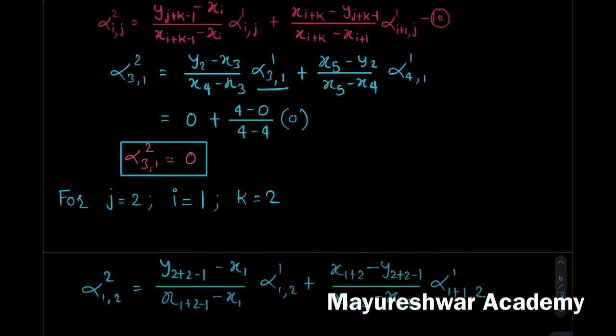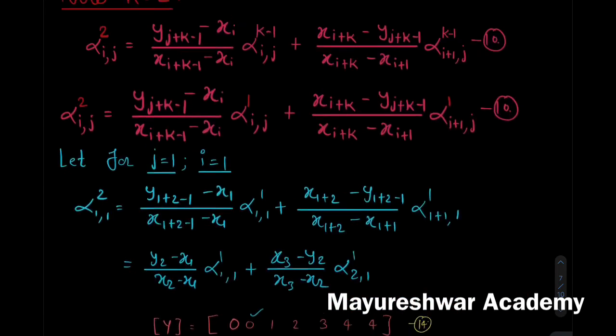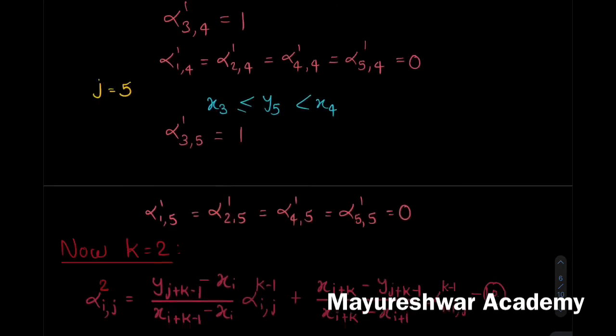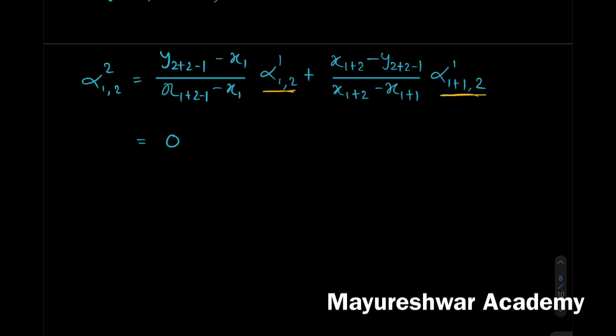Okay, so let us check for these values first of all. So if they are present, then only we will substitute and calculate the things, otherwise we'll straight away get rid of them. Okay, so alpha 2 2 is present but alpha 1 2 is 0, so the first term will go off, so this is 0 straight away, and the second term, okay, so let us calculate x3 minus x2 and alpha 2 comma 2, which is a unity value.